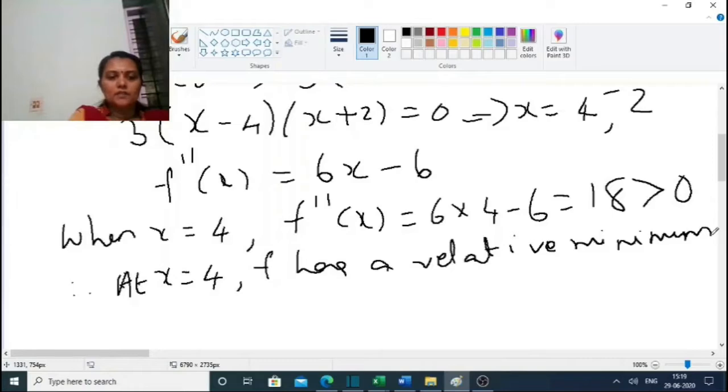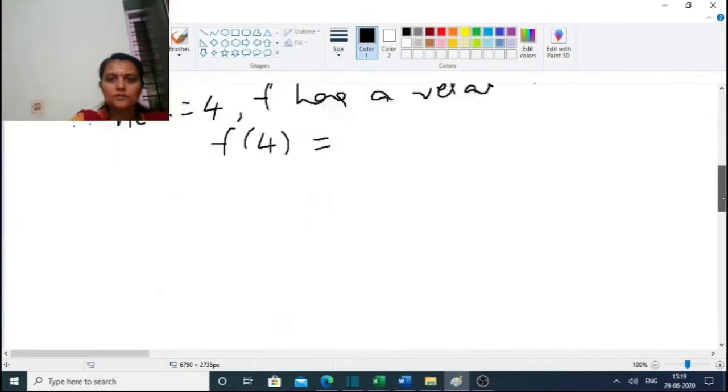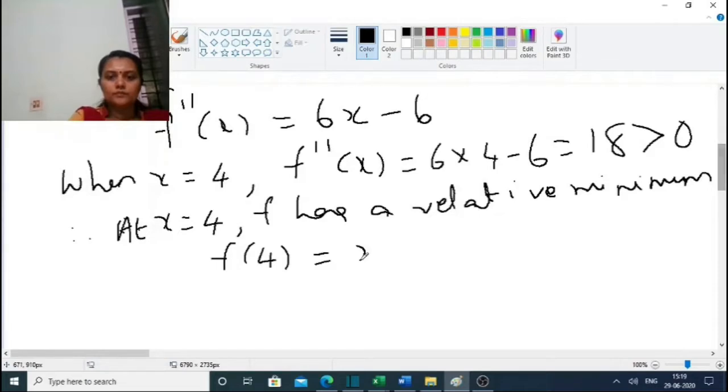And the relative minimum value f of 4 is equal to x cube minus 3x square minus 24x plus 32.